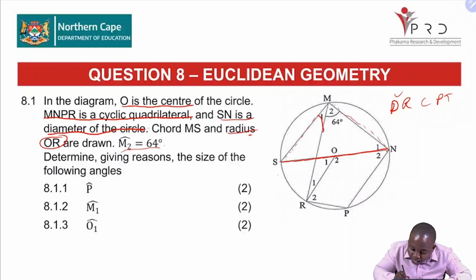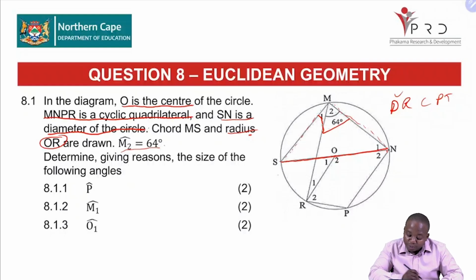I'm expecting M1 plus M2 to give us 90, because angles subtended by a diameter give us a right angle, which is 90 degrees. What else do we know? We are told this was a diameter, so we have the 90. Can we still apply anything about that diameter? For now, no. Let's move on.